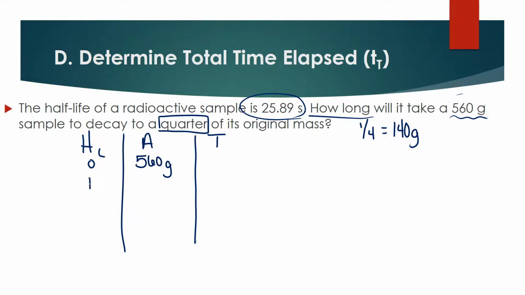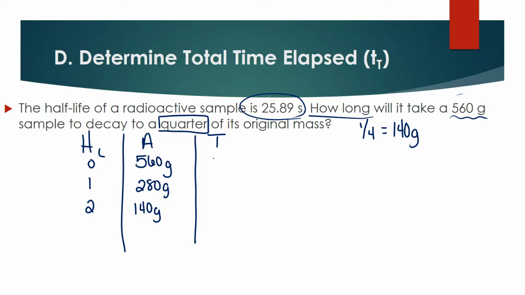After one half-life, if we take 560 divided by 2, that is 280 grams. At our second half-life, 280 is going to divide again, and we are left with 140 grams. So that means to go from 560 grams to 140 grams, it goes through 2 half-lives.